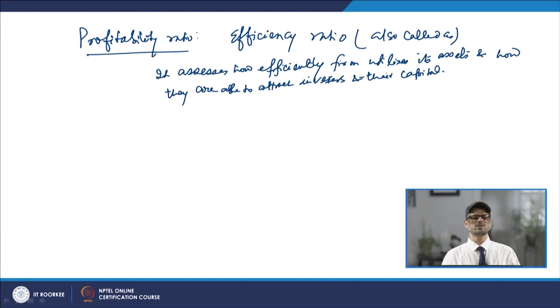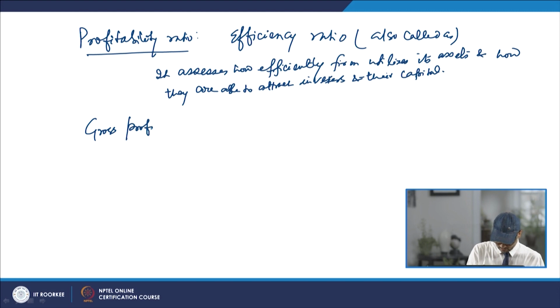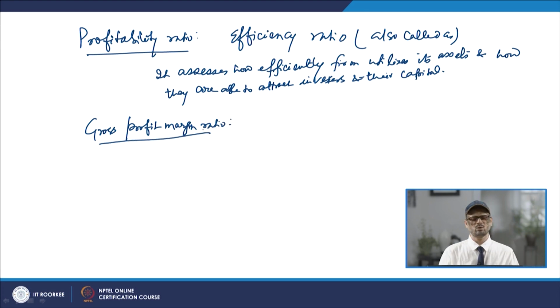Then the next ratio, which is very important, is the gross profit margin ratio, indicated by GPMR.